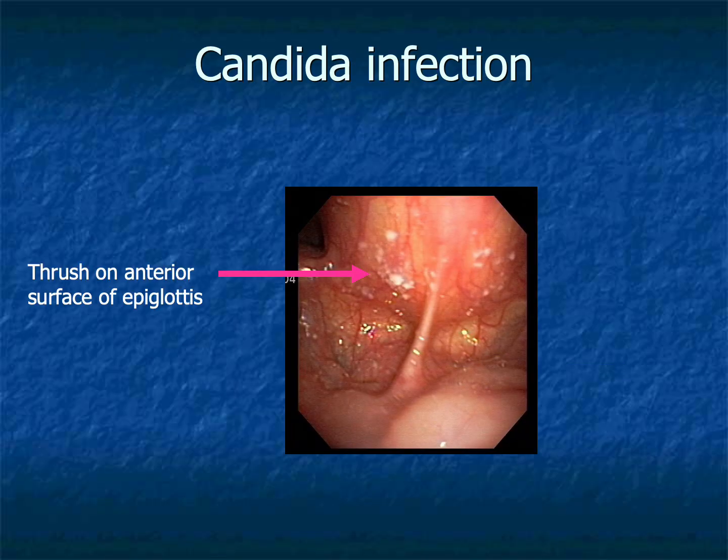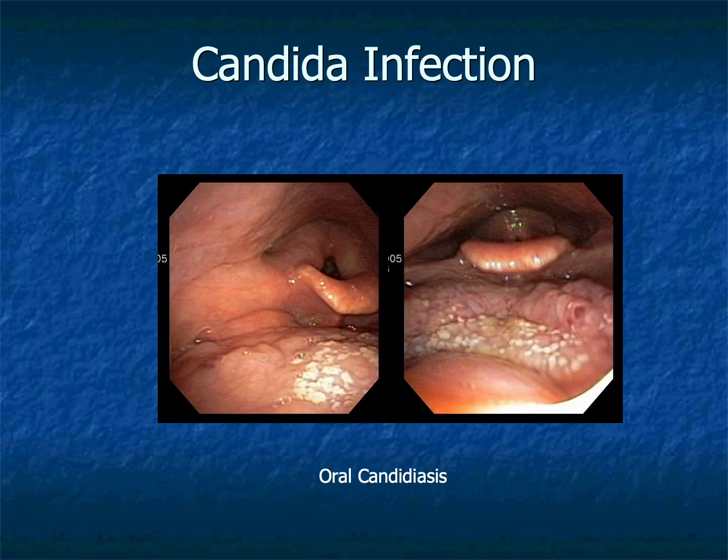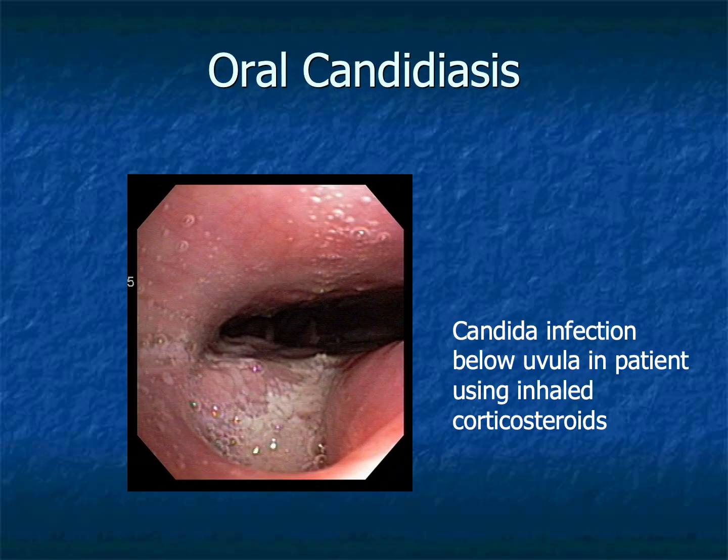These next images illustrate several manifestations of candidal infection involving the upper airway and larynx. In some patients, candidiasis remains localized and relatively mild. In others, especially those who are immunocompromised or receiving inhaled corticosteroids, the disease may become extensive. The white plaques and irregular mucosal deposits seen here are characteristic, yet interpretation requires clinical correlation.